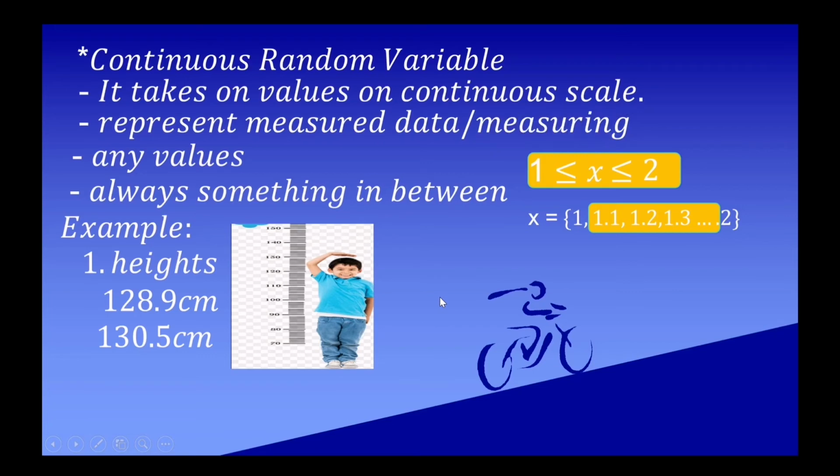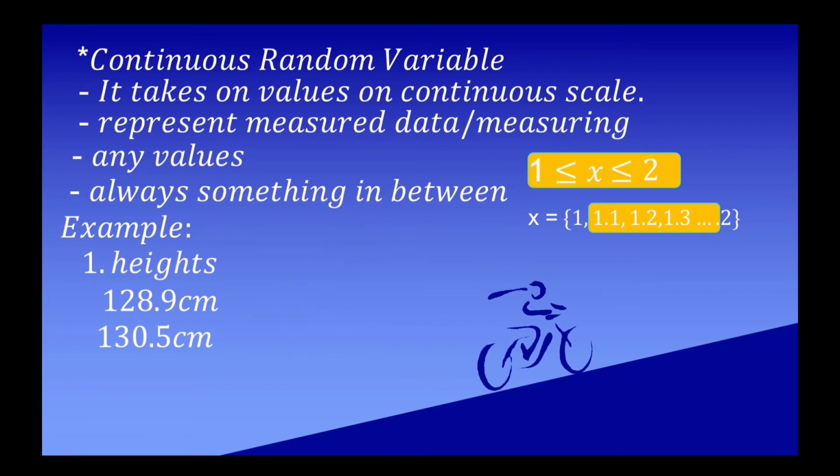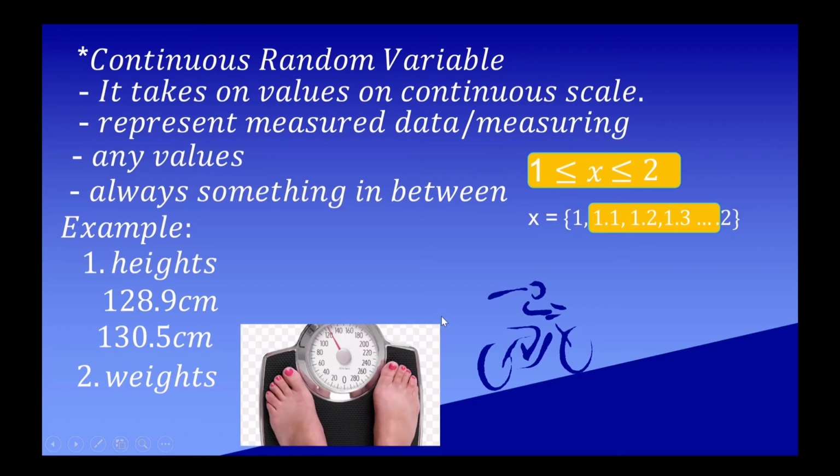Then number 2, the weight. The weight of a person is a continuous random variable. The weight could take any value in an interval, like 120.1 kilograms, and another might be 82.3 kilograms.